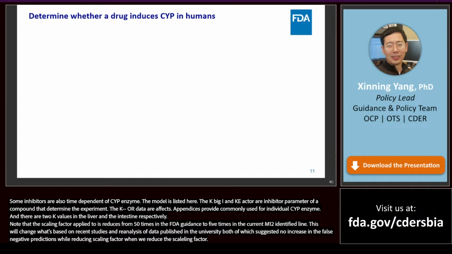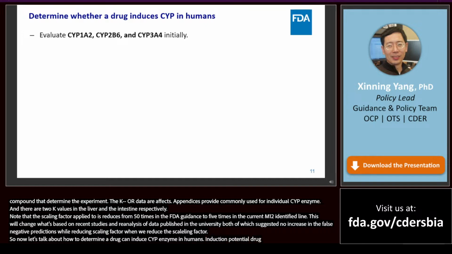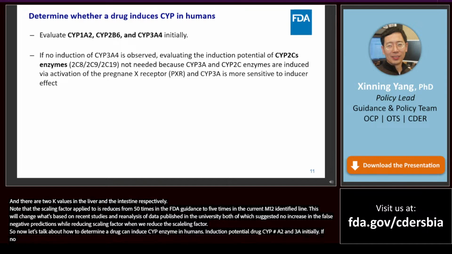So now let's talk about how to determine whether a drug can induce CYP enzymes in humans. As mentioned earlier, this usually starts from evaluating the induction potential of a drug on CYP1A2, 2B6, and 3A initially. If no induction of CYP3A is observed, then there is no need to further evaluate the induction potential of a drug on CYP2C enzymes, because CYP2C enzymes are considered also regulated by the inducers for CYP3A, and they are generally less inducible compared to CYP3A.